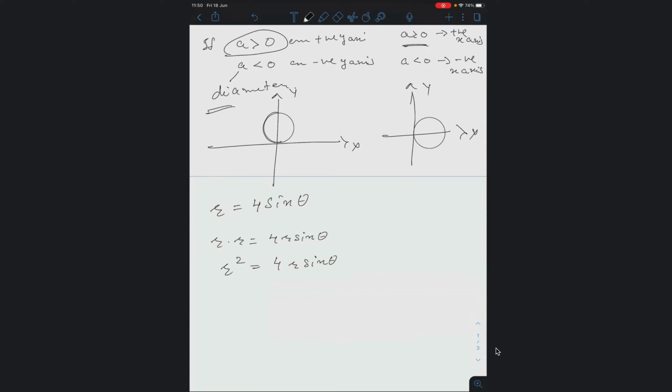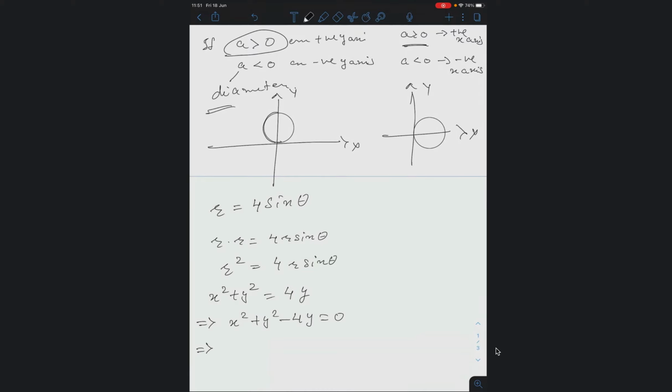Now I'll replace this with Cartesian coordinates. What is r square in Cartesian coordinates? It is x square plus y square. And 4 as it is. What is r sine theta in Cartesian coordinates? It is y. So overall, this is x square plus y square minus 4y is equal to 0.